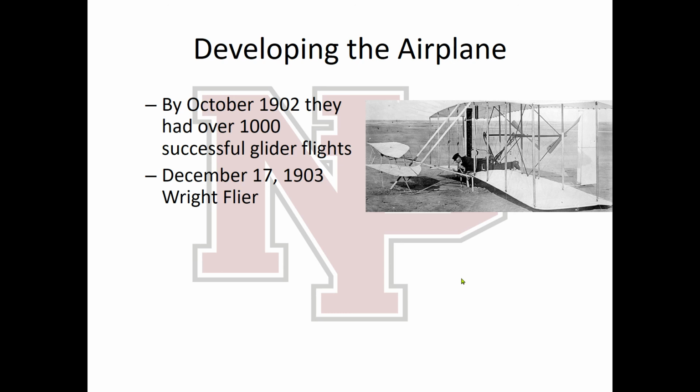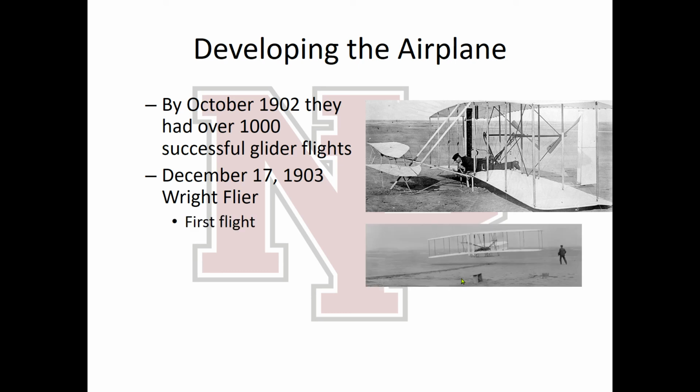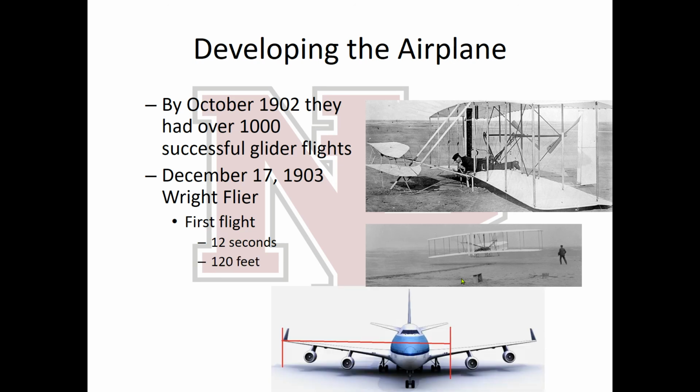Langley's was December 8th, 9 days after Langley's unsuccessful launch of his airplane, the Aerodrome. In 1903, they had the Wright Flyer, and it was the very first powered flight. That flight was 12 seconds long, so it wasn't that long at all, and covered 120 feet.